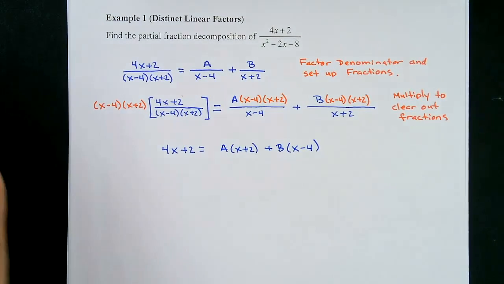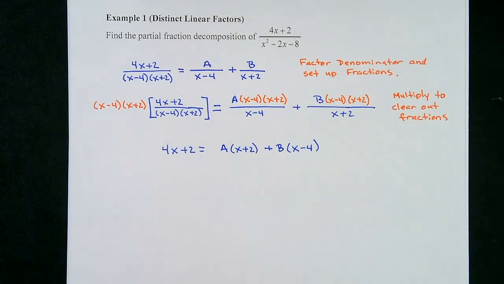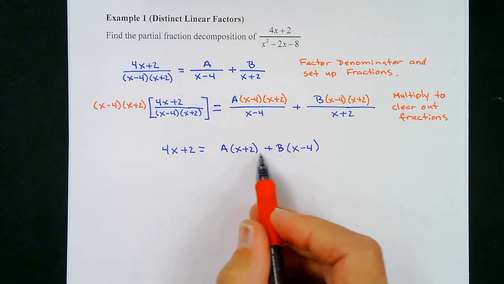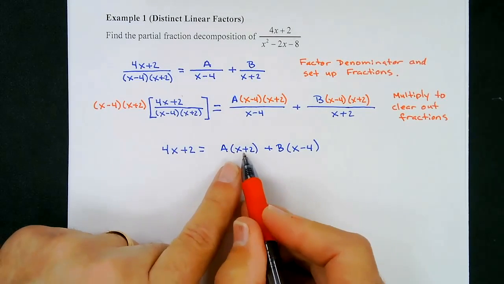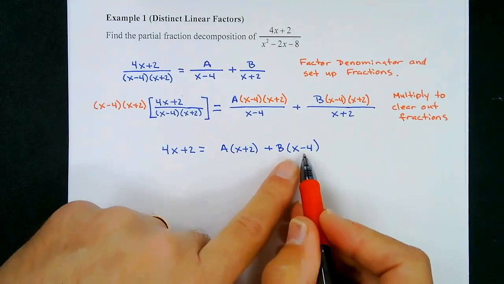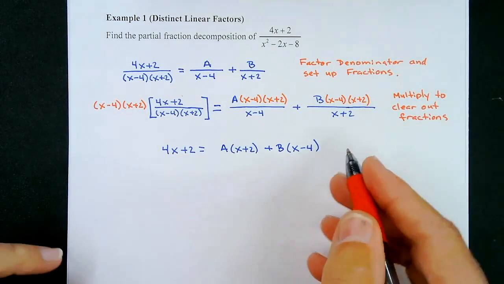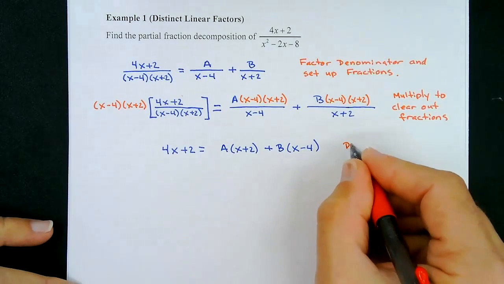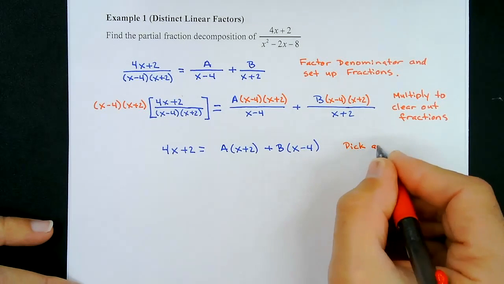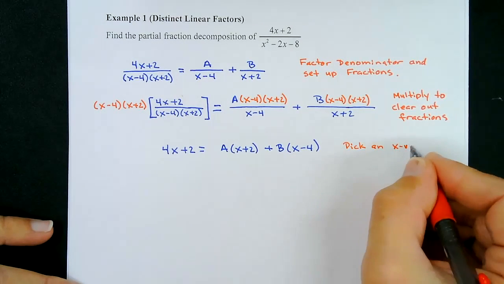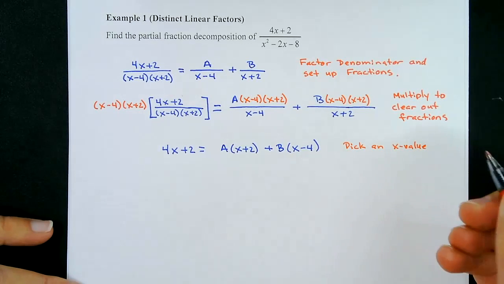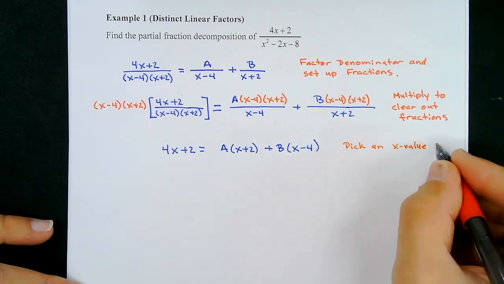And then the next thing we're going to do is pick an x value that makes one of the factors here be 0. So for this one, we pick x equals -2, or for this one, we pick x equals 4. Okay, so we're going to pick an x value that makes one of the factors 0.